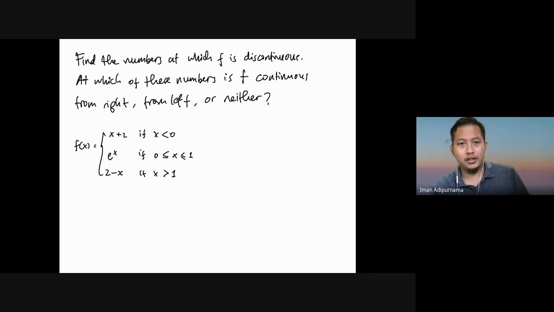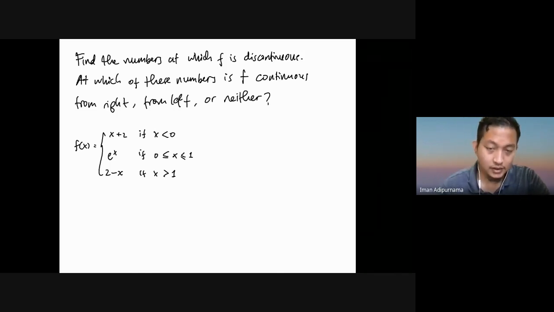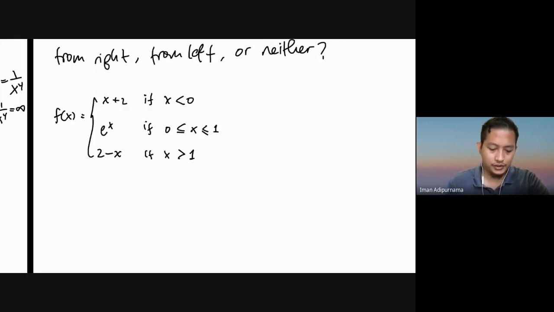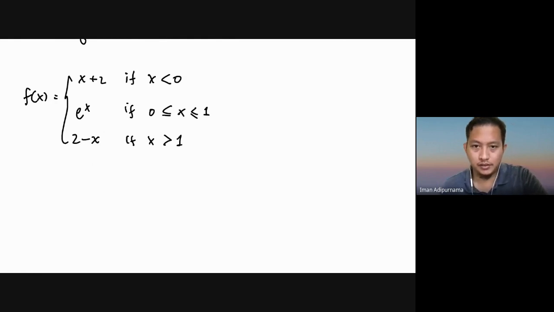Okay. Let me go into detail for the question. If you look, this function here is a piecewise defined function. We look here and we see that from the function itself, we have three equations here, right? I will write f is continuous.